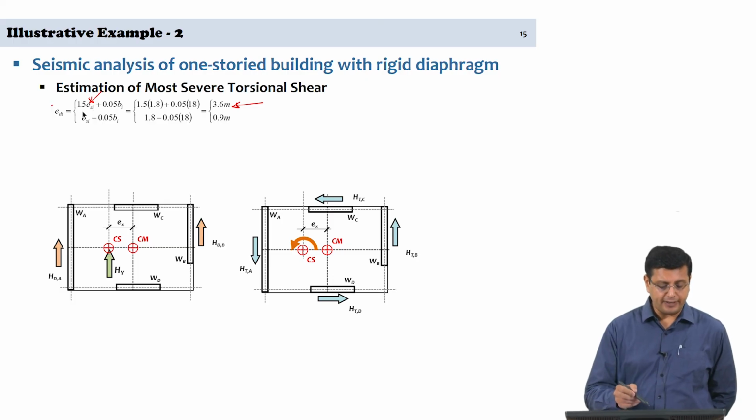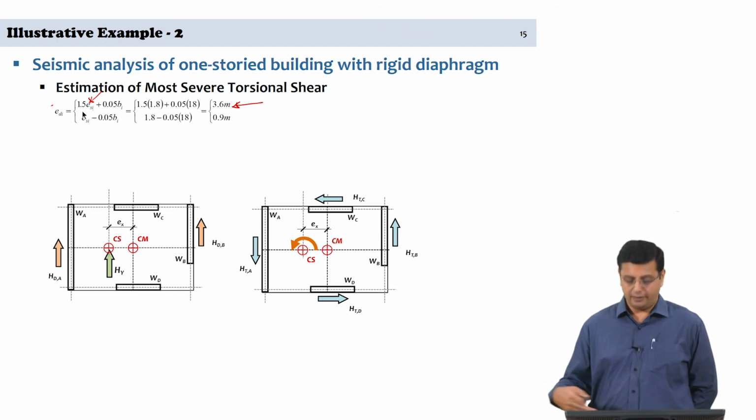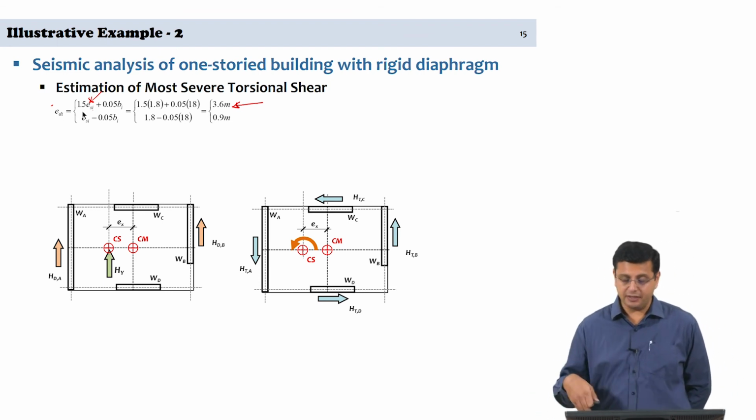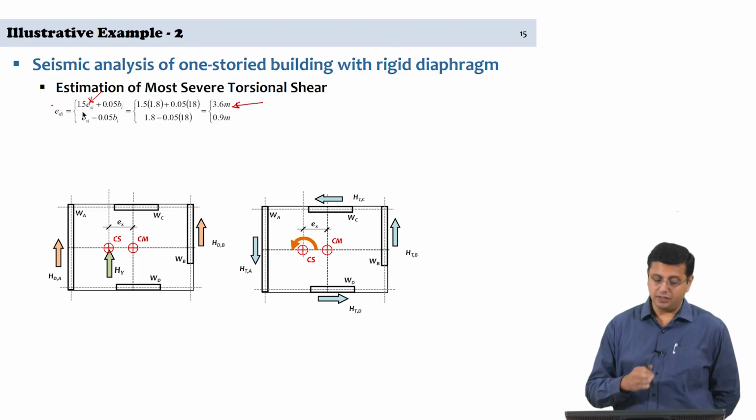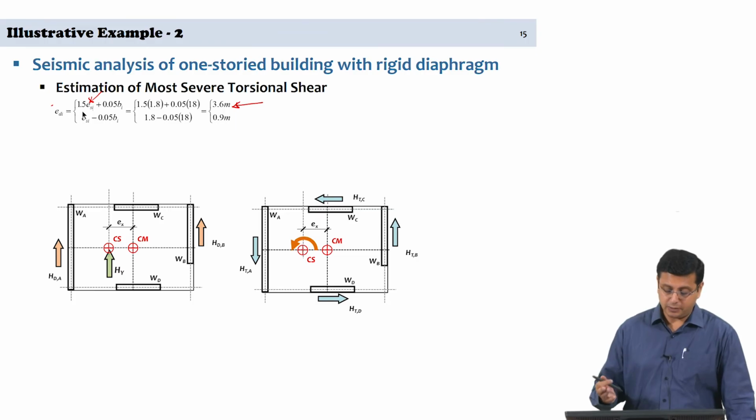So, we have made an estimate of the eccentricities. We can see that it is 3.6 meters, which is 20% of the dimension L of the building. So, this is significant: the eccentricity is 20% of the side dimension.